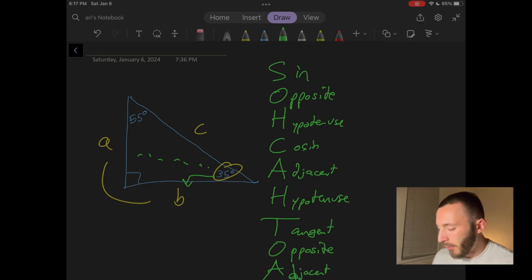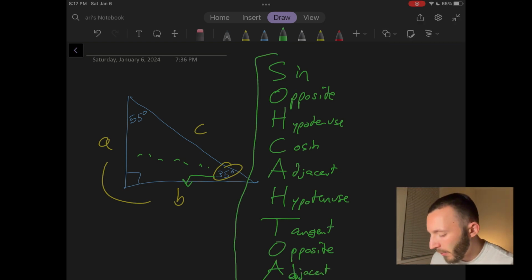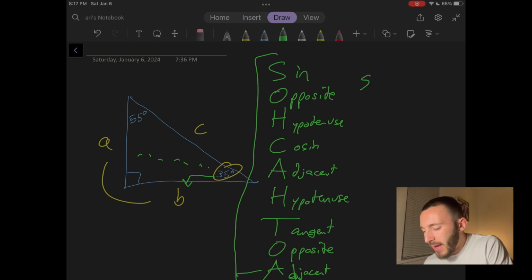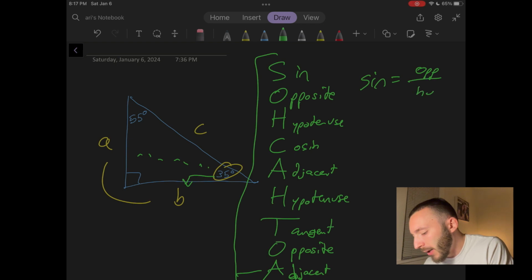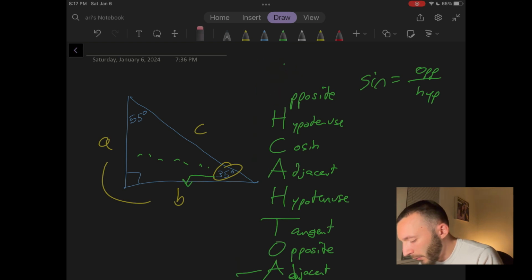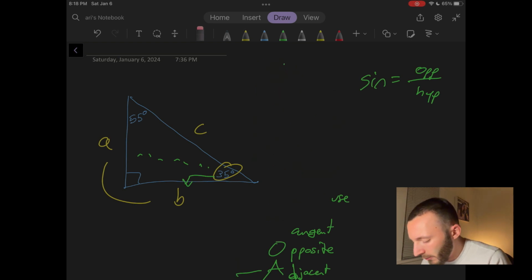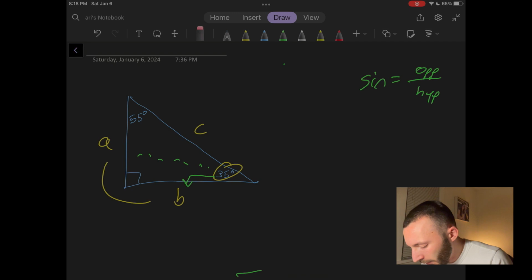Okay, so we have this acronym, SohCahToa, that tells us that sine describes a relationship of opposite over hypotenuse.